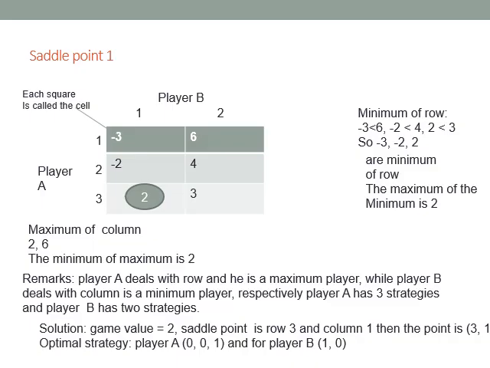So player A has 3 rows, that means he has 3 strategies. Each row represents 1 strategy.